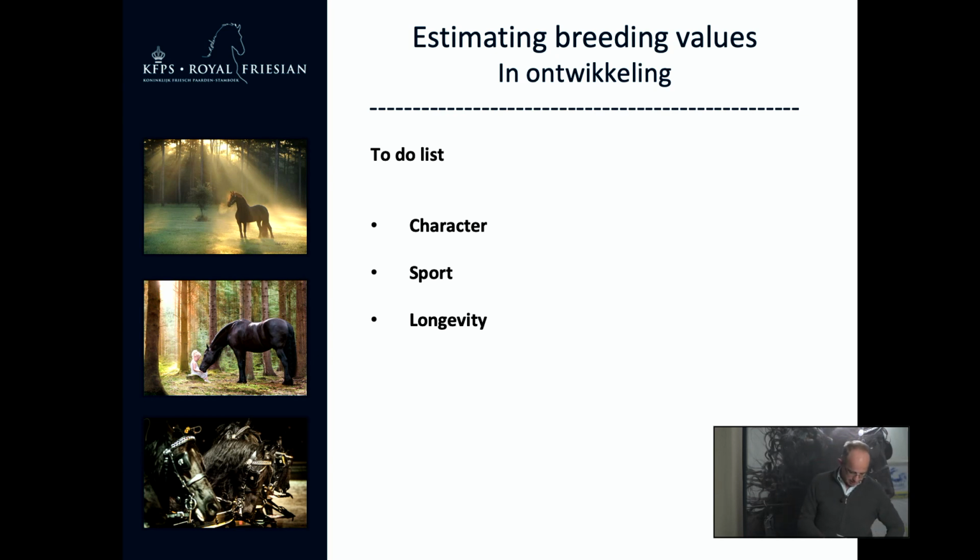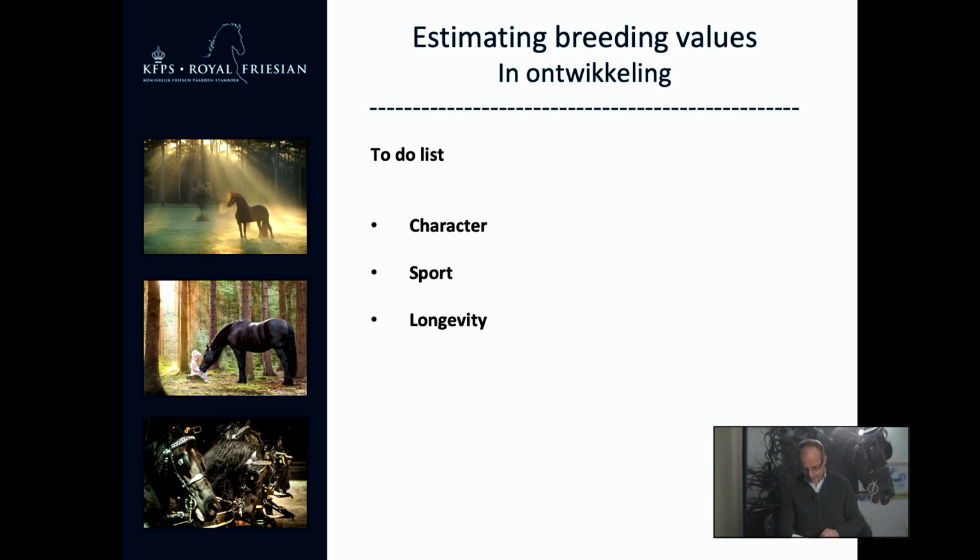For instance, character, competition, sport, and also longevity. And we know that the offspring of one stallion becomes older than the offspring of another stallion. We feel that longevity is a very important trait in our breeding goal. So it would be good to have some genetic information for those traits as well.